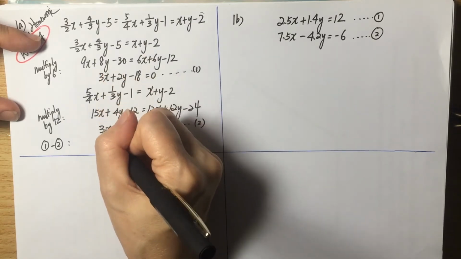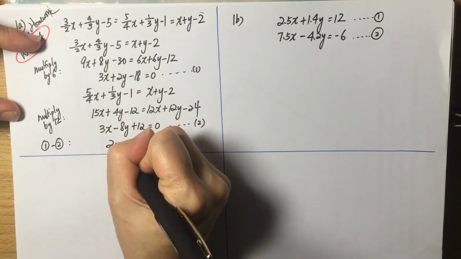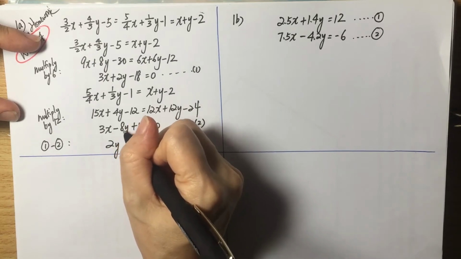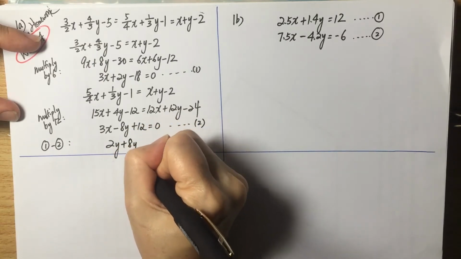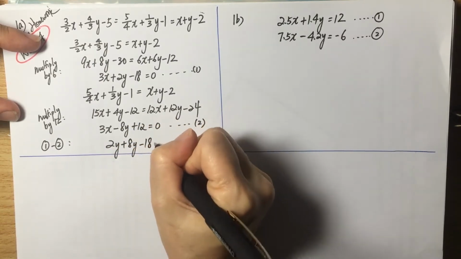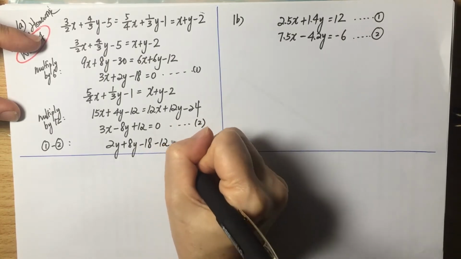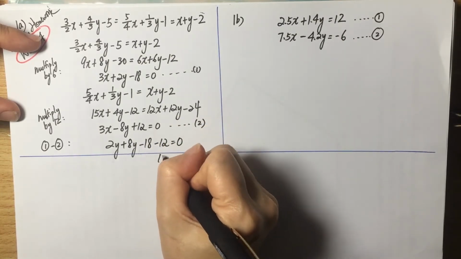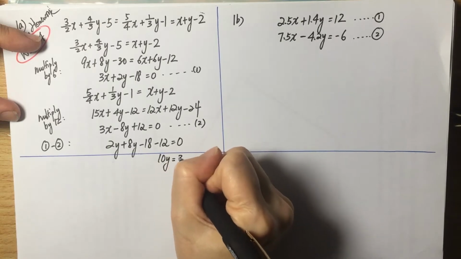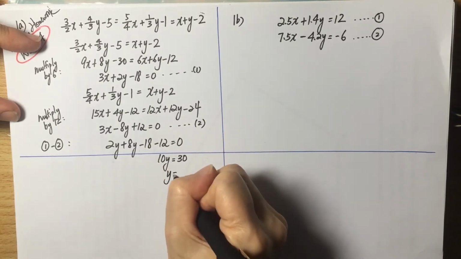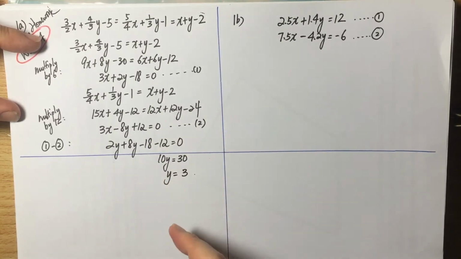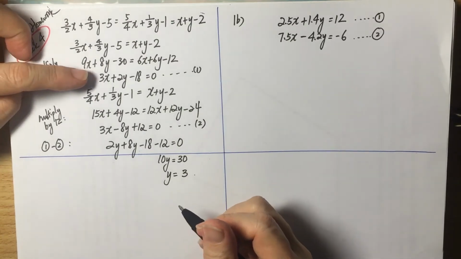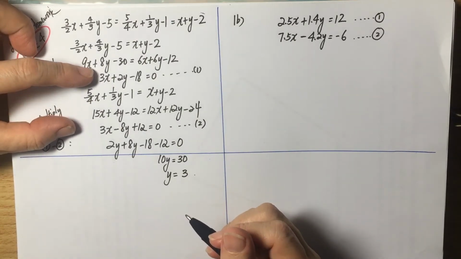So when I subtract, I have 2y minus negative means plus 8y, and then I have negative 18 minus 12 and equals to 0. So I'm getting 10y equals to 30. So y equals to 3. So when y equals to 3, I can put into equation 1 or equation 2 to find the value of x.